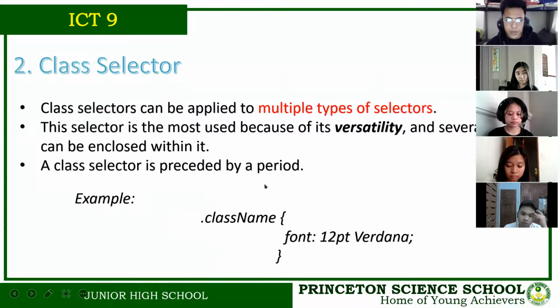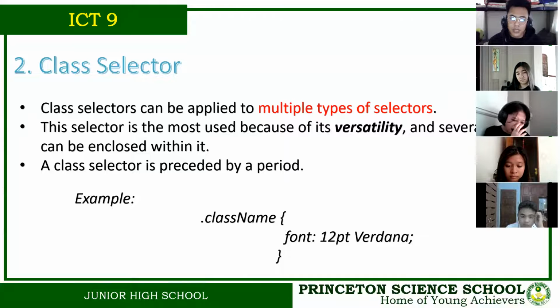Next one we have is the class selector. The class selector can be applied to multiple types of elements. This selector is the most used because of its versatility, and several tags can be enclosed within it.